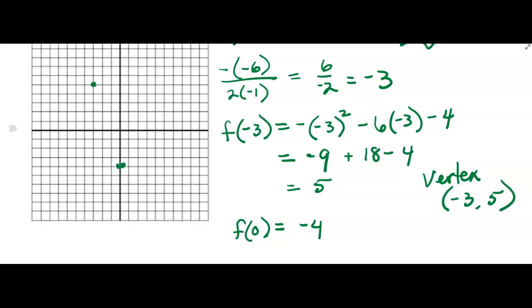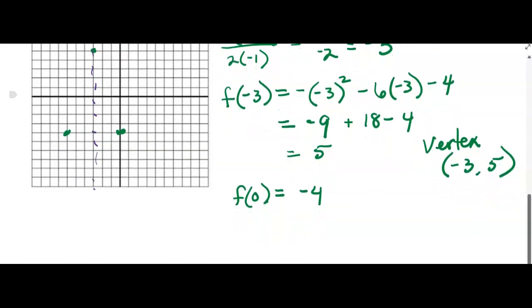That's 3 steps away from the axis of symmetry. I'm not very good at drawing the axis of symmetry. There it is. And then you could find some other points. I probably would put in like negative 1. I'd find f of negative 1.